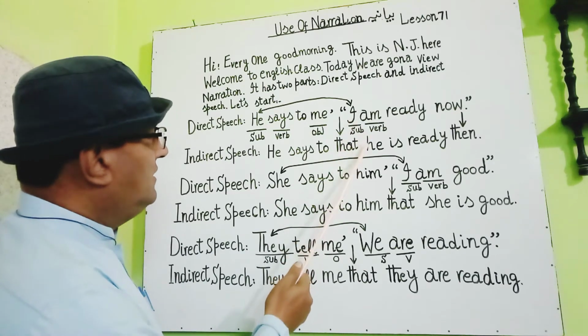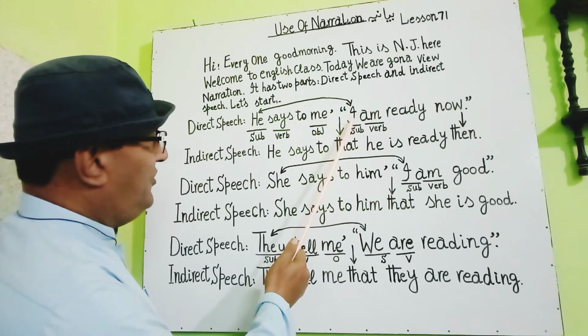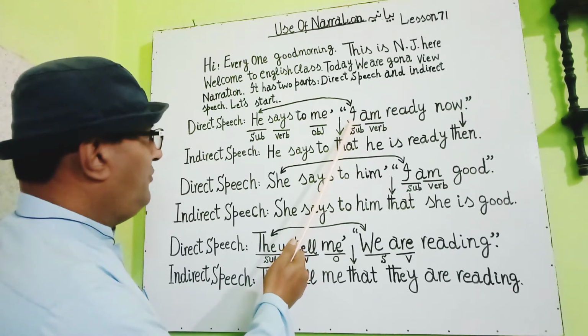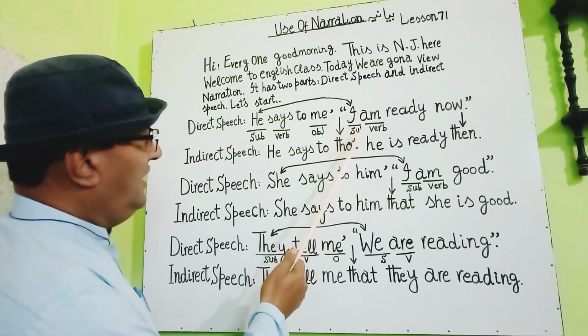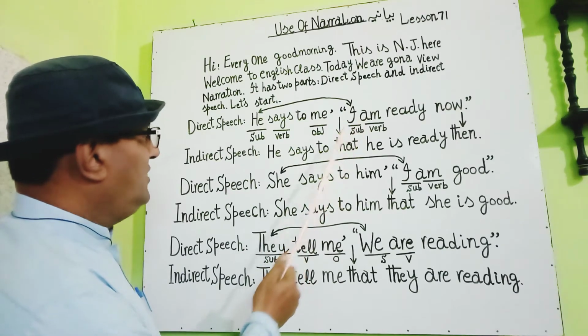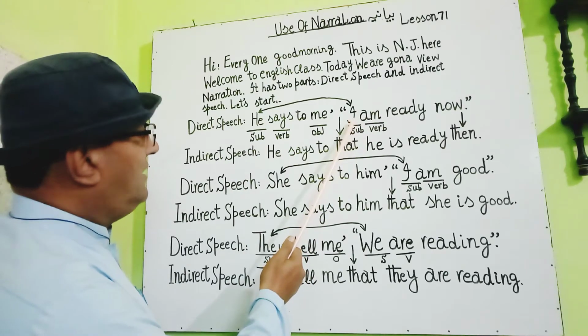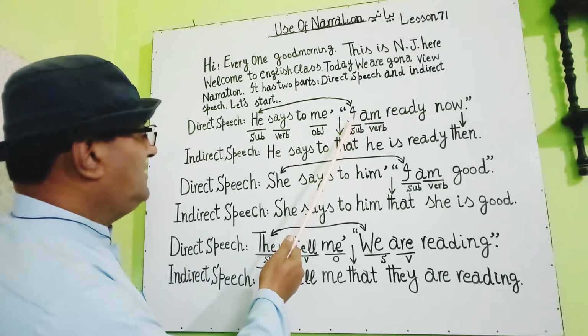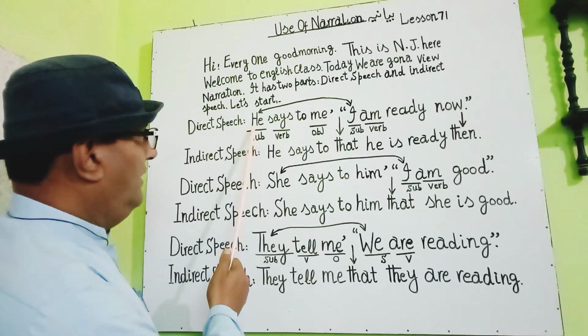After that, this I is the first person. You have to remember there are certain rules of changing the direct speech into indirect speech. So this subject I, the first person, will be converted by he.